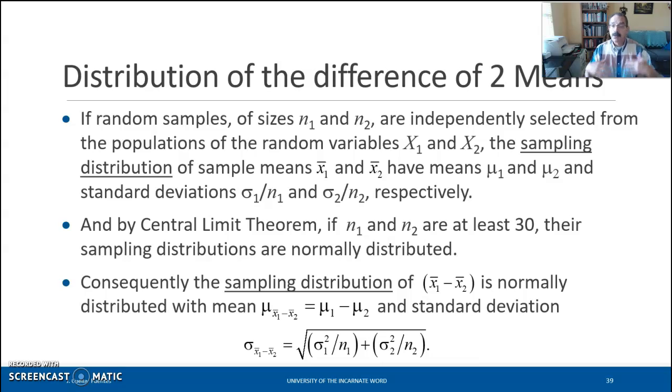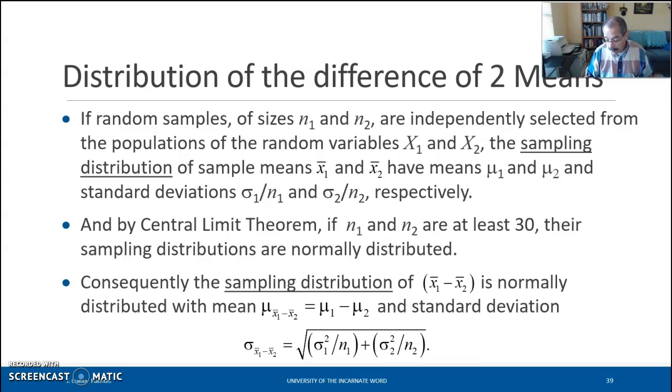Now the next question is, well, what is the sampling distribution for the means from each of these random variables? As we learned back in module 7, the means of those sampling distributions will be mu1 and mu2, and their standard deviations will be sigma1 divided by the square root of n1 and sigma2 divided by the square root of n2.